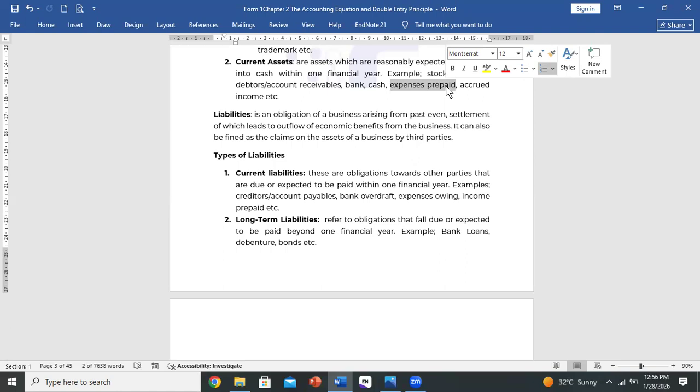If you go to rent somebody's building today and you pay for 5 years, you have not used the building for the next 5 years. So it's still your money. You can go and claim that, oh, please, I rented and if I'm sick, so it's your resource, which you can easily convert into cash within one financial year. Okay, so that's expenses prepaid. When you make advance payment for expenses you have not incurred.